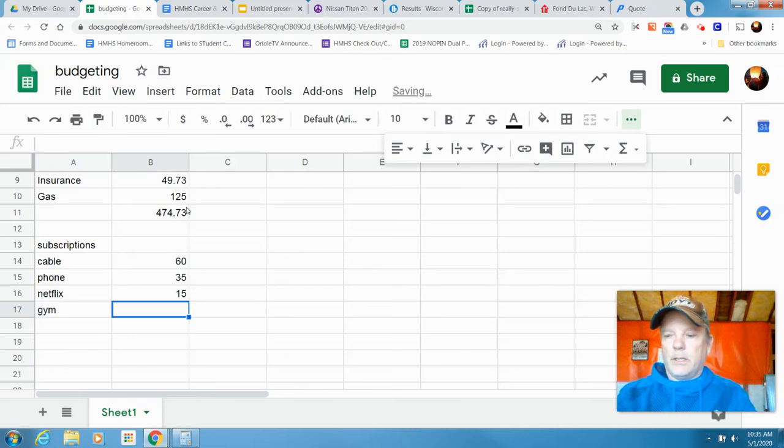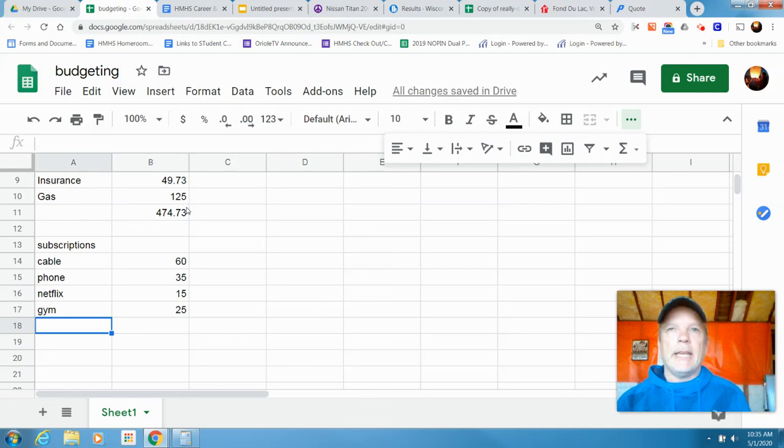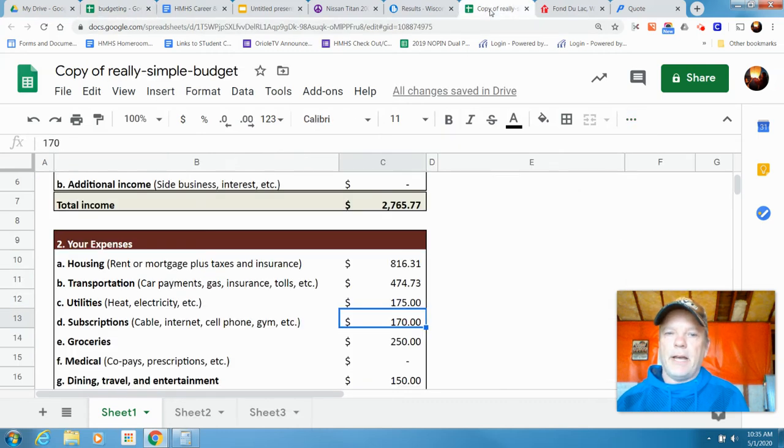Gym, we'll say $25 a month for that since I'm a single person. And then anything else that you buy subscriptions for, or you can think of that you would want to include in that. I think that's most of the things that I would include. So again, I'll use the sum function. And looks like I'm at $135 a month. So I'm going to change that to 135.